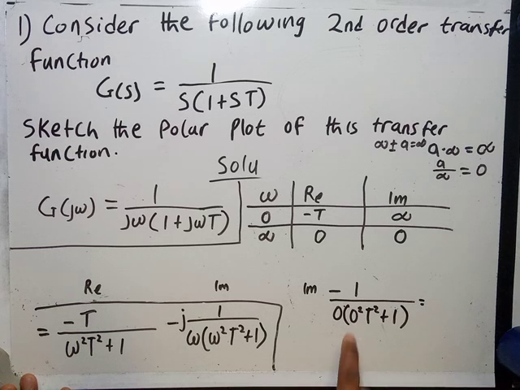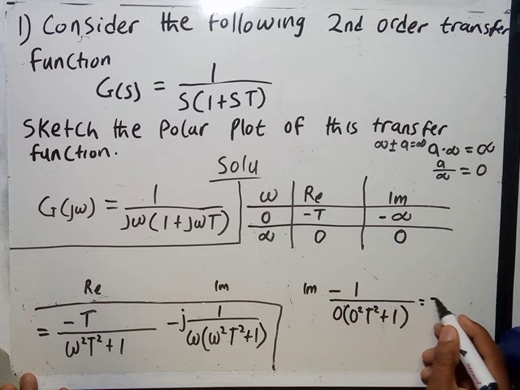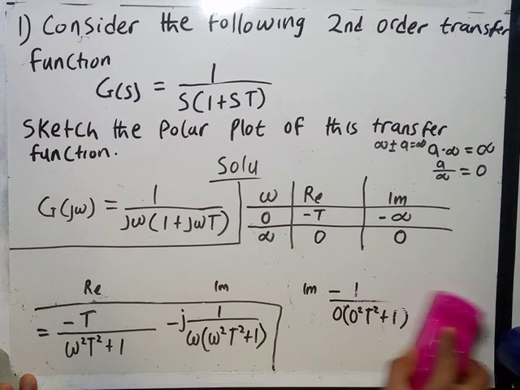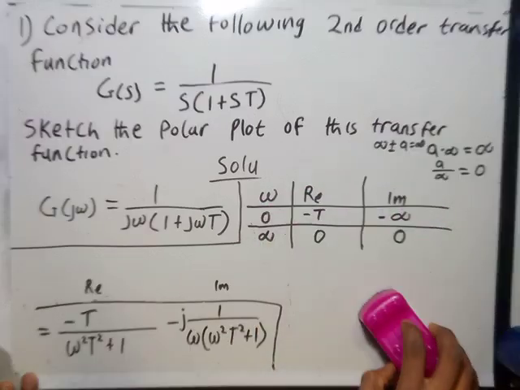Now 0 times everything here is 0, and anything divided by 0 is infinity. We forgot our minus sign in front of here. So this is going to give us minus infinity and not just infinity. This is the main thing that we're interested in, to get this table.